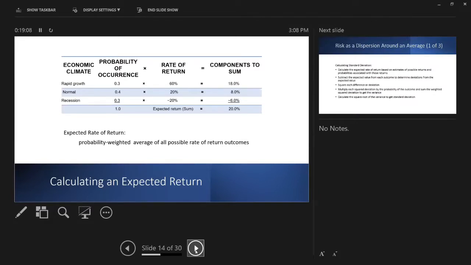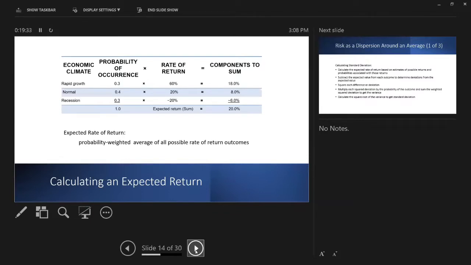Now let's look at this scenario. You have three different economic situations here: rapid growth, normal, and recession. Say, for example, for rapid growth the probability is 30%, and if it is rapid growth, the rate of return is 60%.